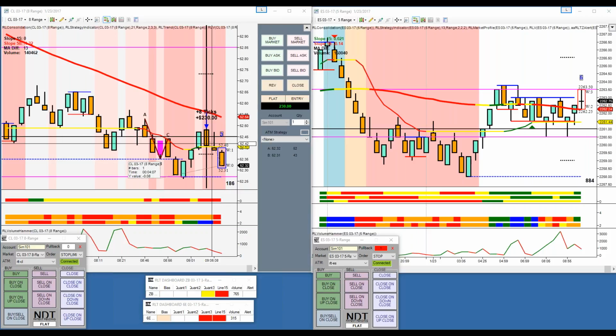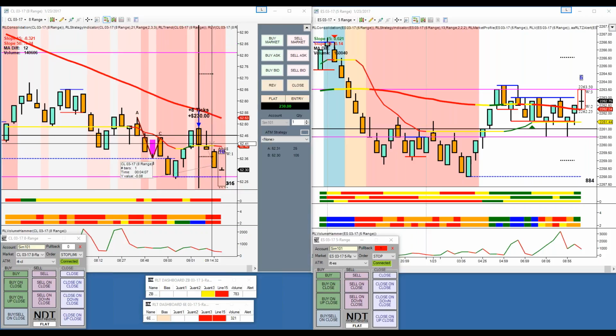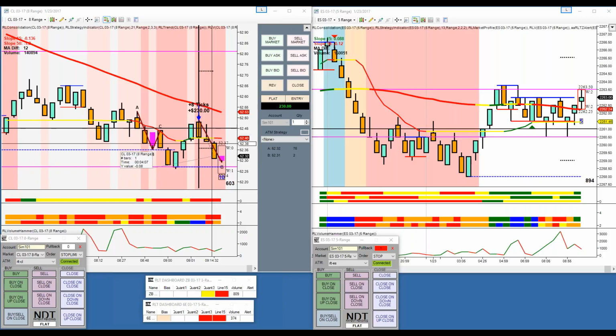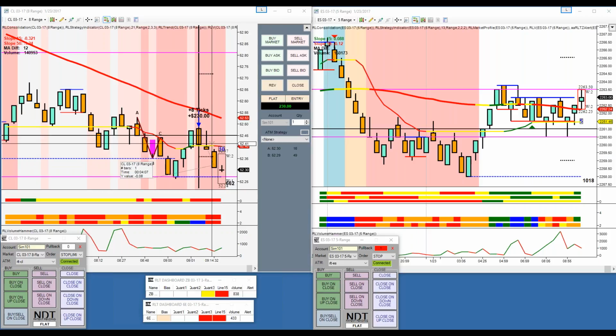The crude looks like it's looking to move lower. Even though we're out, we need crude to break the value area low and that small pivot. MA diff's only 12.